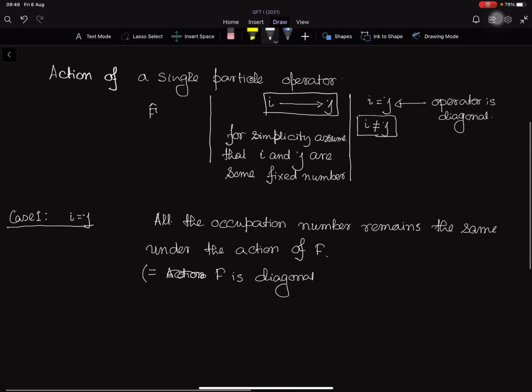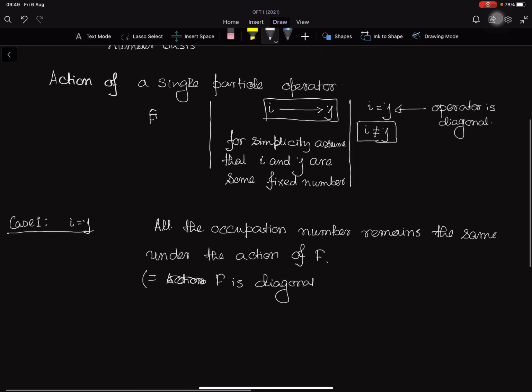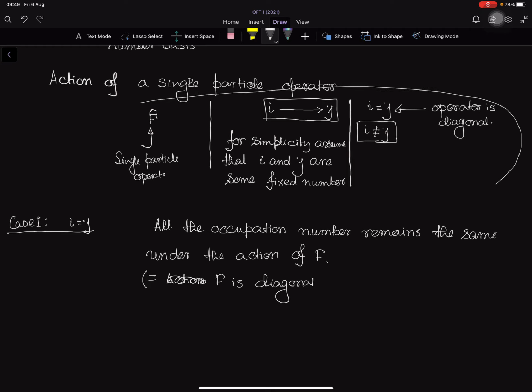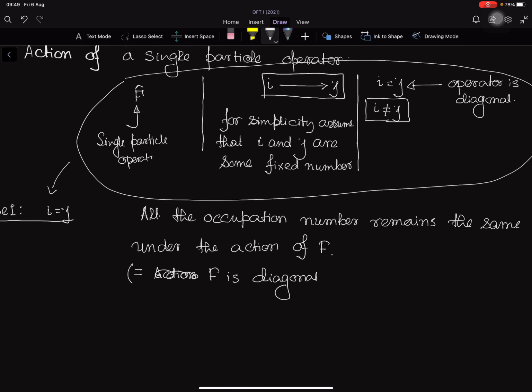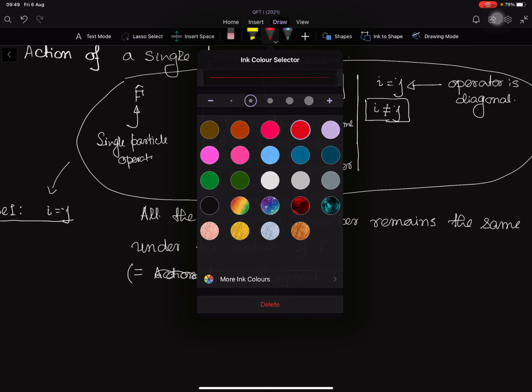Sorry, I have to make some distinction. So this is a single particle operator. This discussion so far is about the single particle states, and now we are seeing what happens in the multi-particle state. Let me denote it by a color.